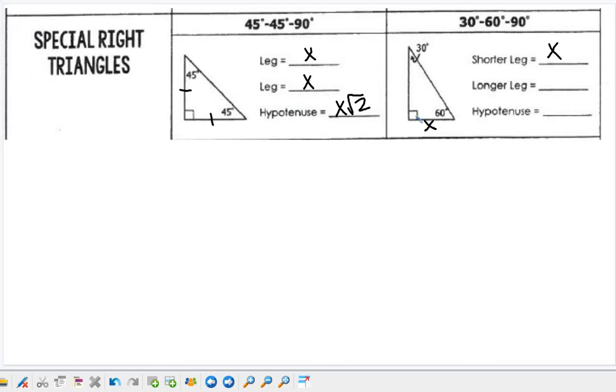The longer leg is whatever the shorter leg is times the square root of 3. So x times the square root of 3. And the hypotenuse is 2 times whatever the shortest leg is. Okay? So we have our ratios.